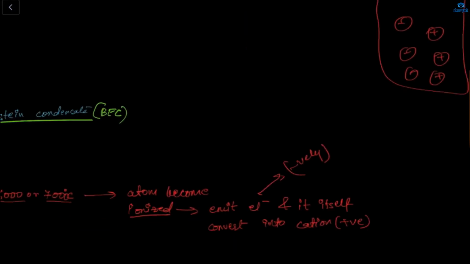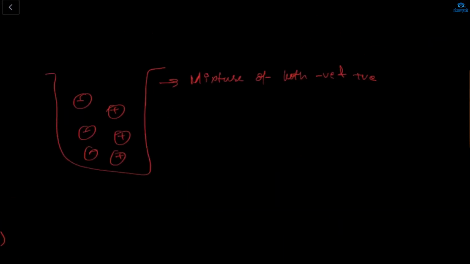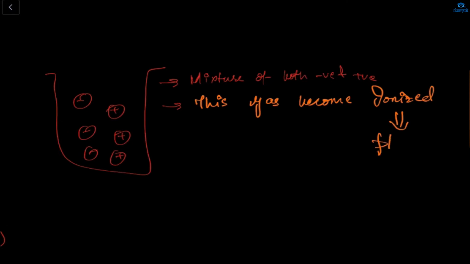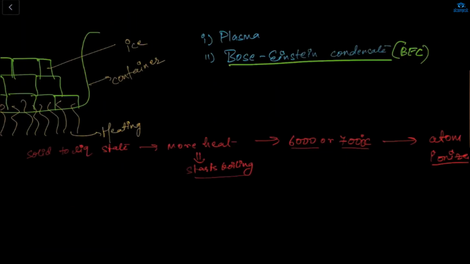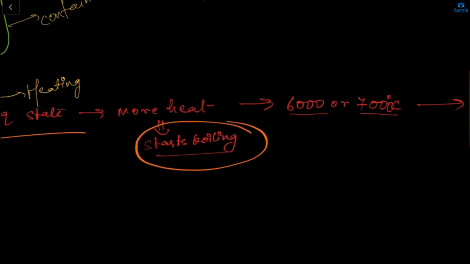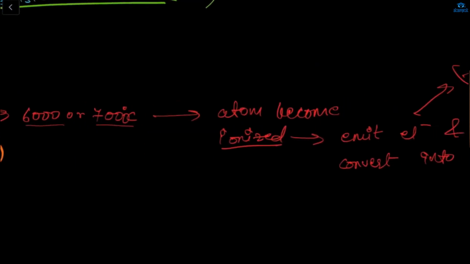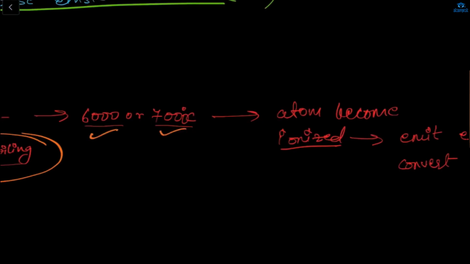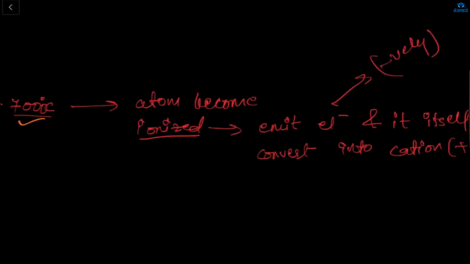In simple way we can say that ionized gas is called plasma. Let me write it down. This gas becomes ionized, and this ionization process is called plasma. So here what happened? We are heating solid to liquid, and if we give more heat, it will start boiling. Now if we give more heat up to 6,000 or 7,000 degrees Celsius, atoms become ionized.